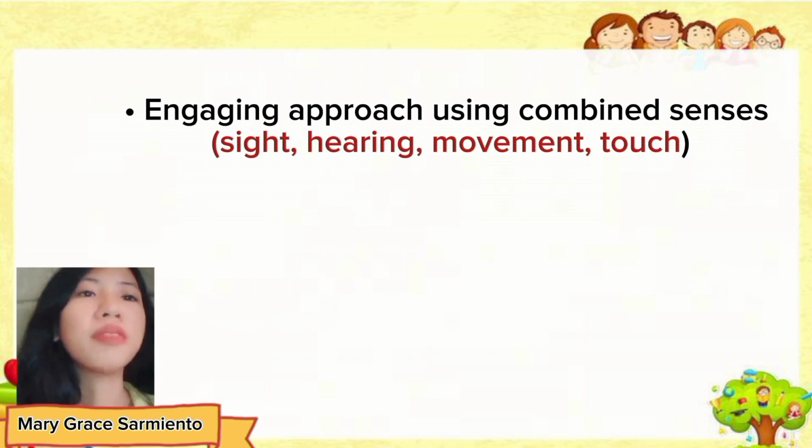For example, instead of just reading a story, teachers might show pictures, play sounds, or let kids act out parts to make reading more interesting. When I say act out, it's like expressing your thoughts, emotions, or ideas in your action as if you're in a play.